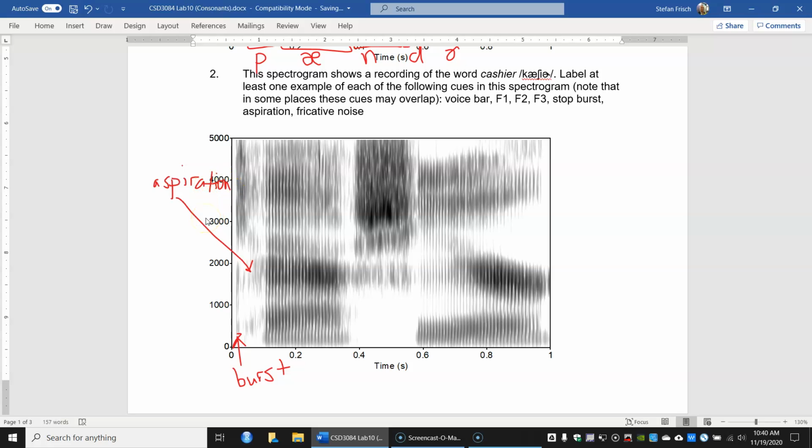All right, we're supposed to find a voice bar. In cashier, we have a low front vowel. So we do have a separate voice bar below the F1.